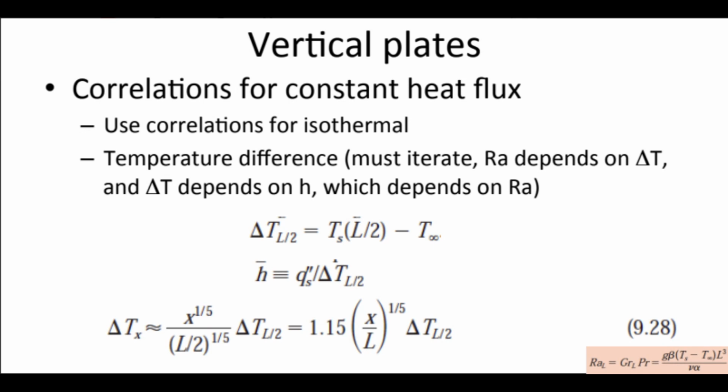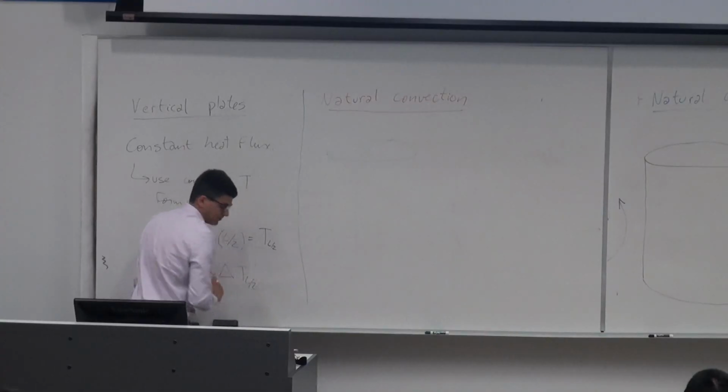In this case, instead of TS, we would use TS of L over 2. So if the plate had a length L, this is what the book calls T at L over 2. Delta T is now delta T at L over 2.